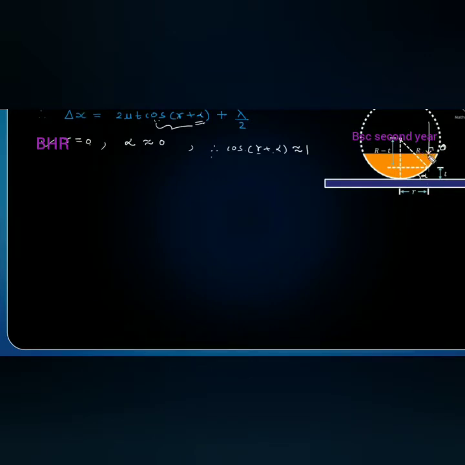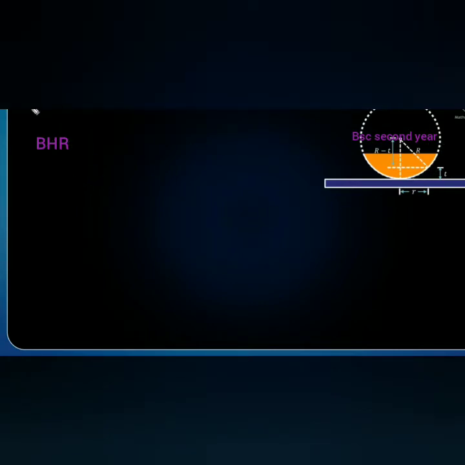So by substituting these conditions in the above equation, our equation becomes delta x equal to 2 mu t plus lambda by 2. But here mu is the refractive index of the air film. In the case of air medium, the refractive index is equal to 1, that is mu equal to 1.